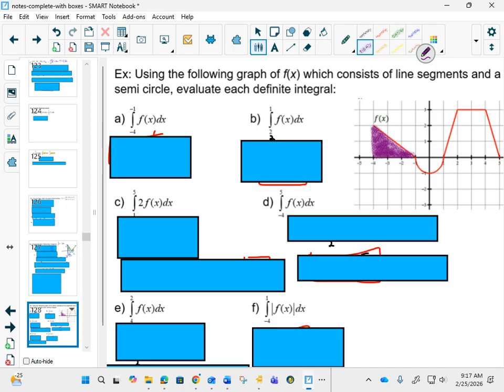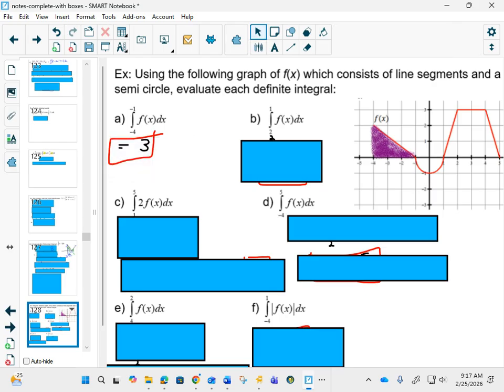There it is. That's the area from -4 to -1. The area from -4 to -1 is that triangle. I can do base times height divided by 2. And I get that area is 3.